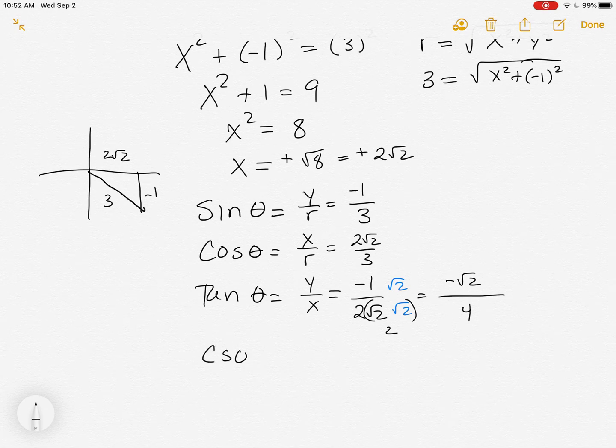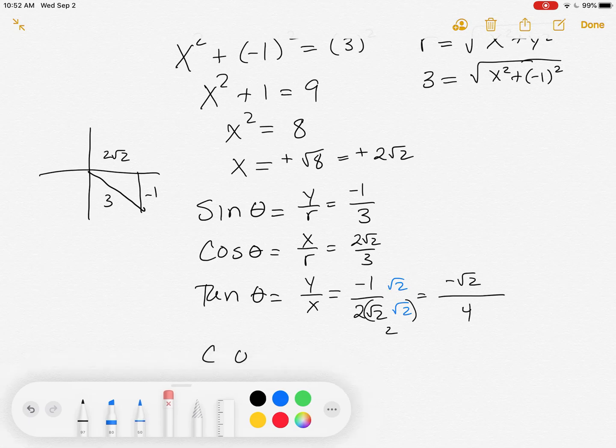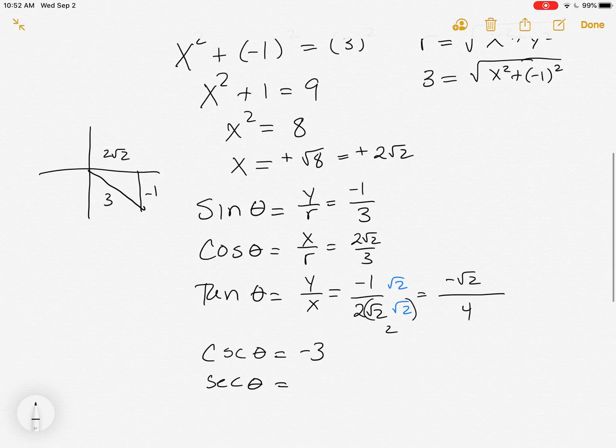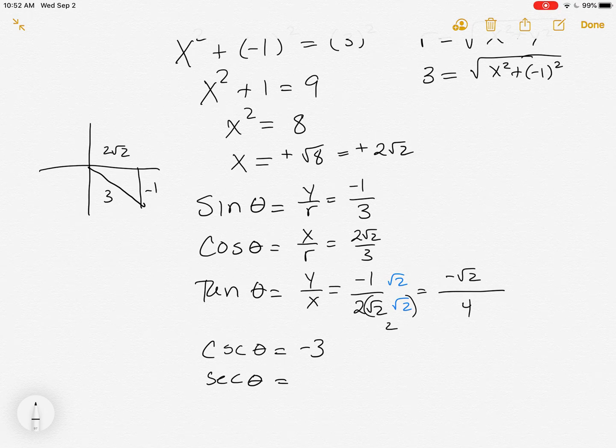Cosecant theta, I just remembered that cosecant theta we already knew. That was what was given to us. But let's just find it another way. What's taught in this section is it's the flip of sine. So we'll get -3. And so that's the same -3 that they gave us. So that should have happened. Secant theta would be flipping over cosine, or 3 over 2 root 2.